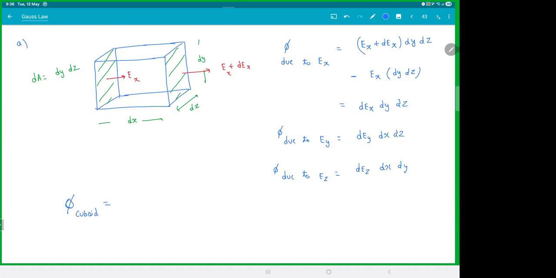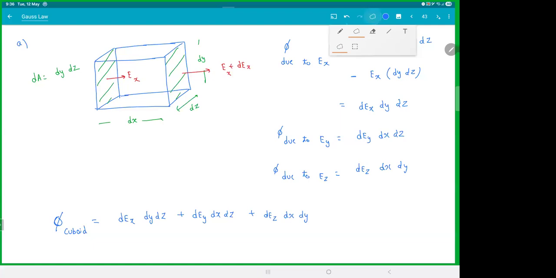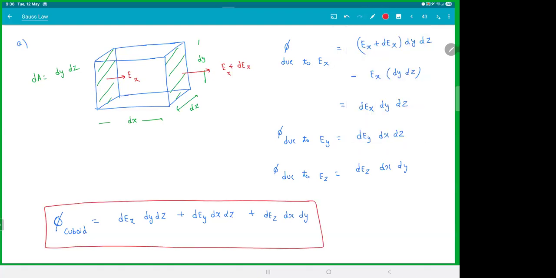The flux for a cuboid would be dEx dy dz plus dEy dx dz plus dEz dx dy. This is the flux passing through the cuboid. This is a general formula, everyone. I didn't prove this for any particular field. I proved it for any random field. Clear with this?